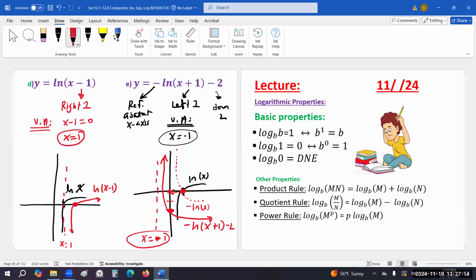For example, log of 2x means log 2 plus log x. Same thing, if you have division in your argument, we can separate them, but this time we need to subtract the logs. When you divide, we get less. Same thing, when you subtract, we get less.